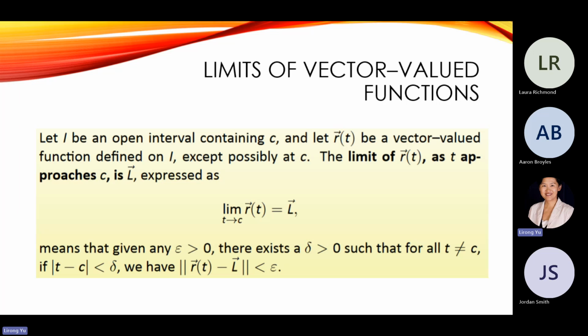The limit of r(t) is vector L if for any epsilon bigger than 0, we can find a delta greater than 0 such that whenever t is closer to c by less than delta, that indicates t and c are really close, and r(t) and L are also very close. This closeness is measured by the magnitude of the vector, which is less than epsilon. So when the magnitude is smaller than epsilon, we're saying the limit of the vector is L.